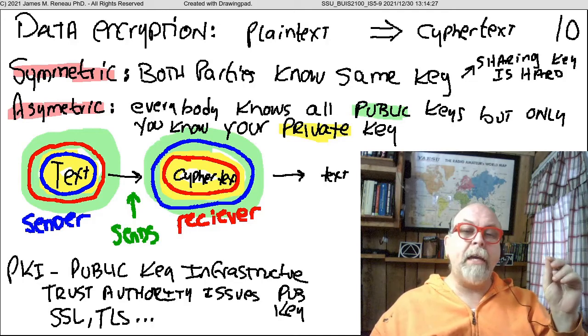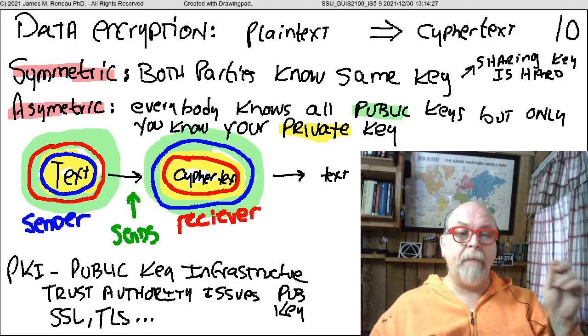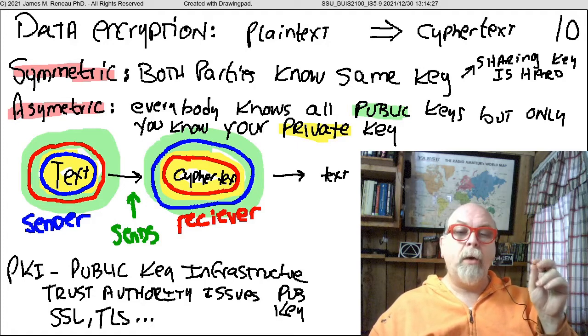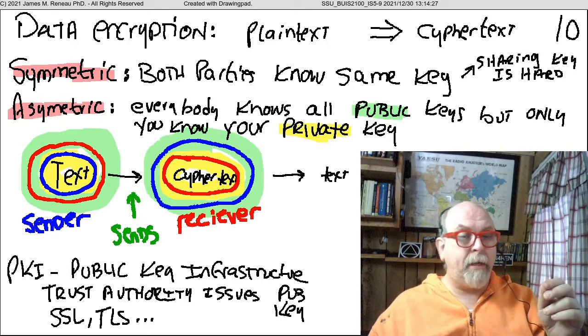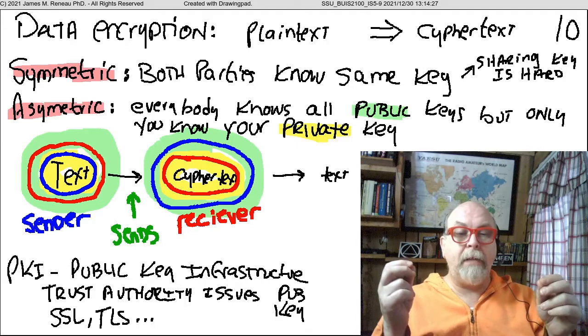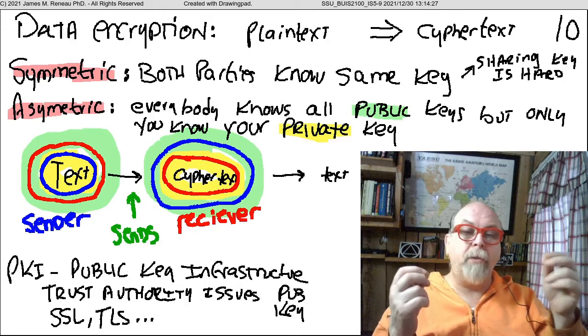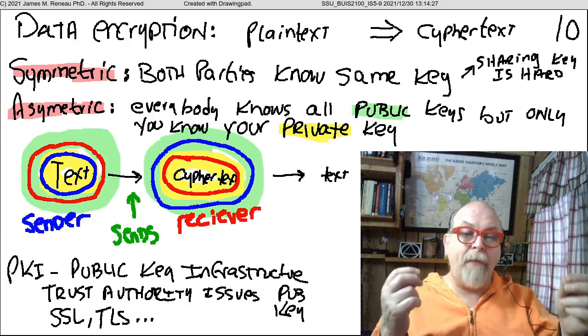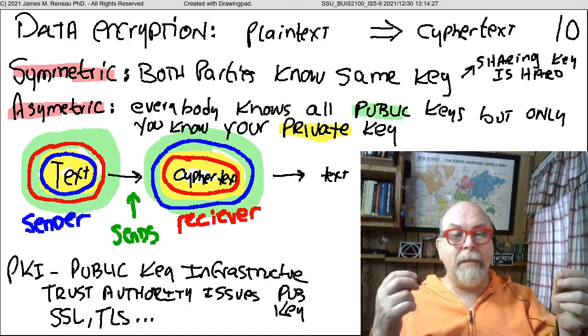One of the keys is known as the public key, and one is known as the private key. I use one key to encrypt and the other key to decrypt. If I use the public key to encrypt, I use the private key to decrypt. If I use the private key to encrypt, I use the public key to decrypt.